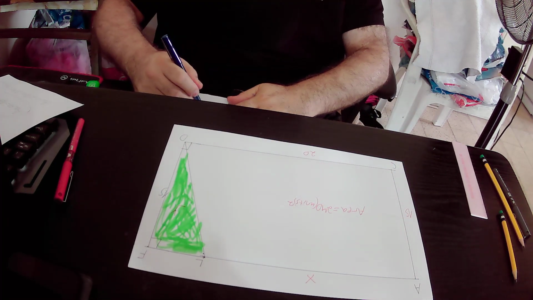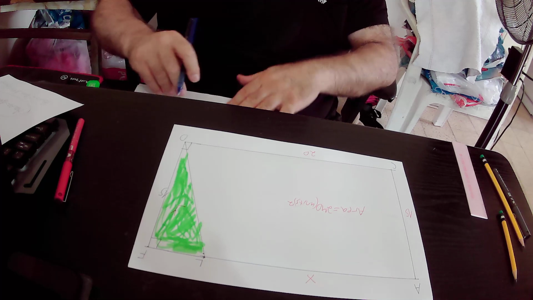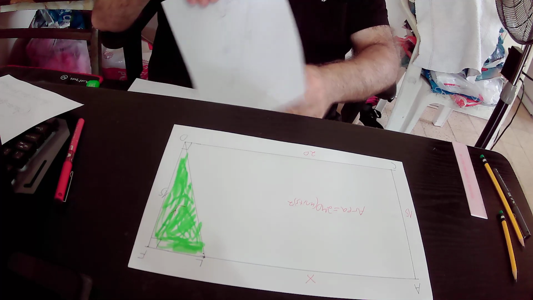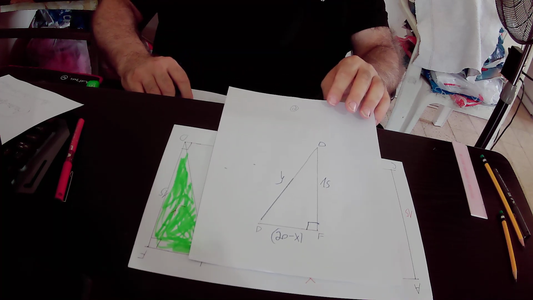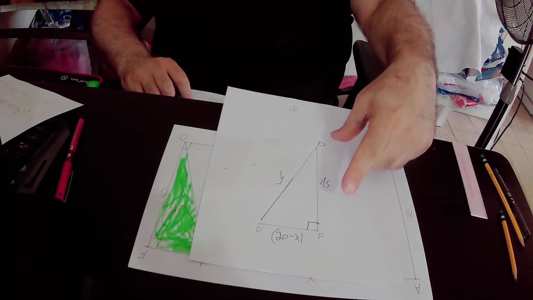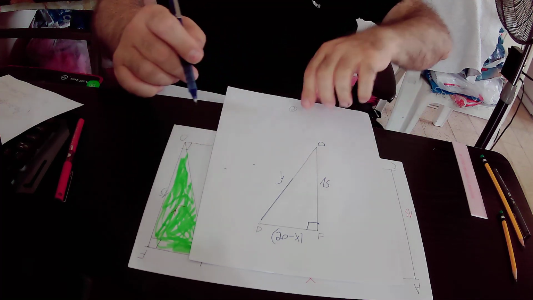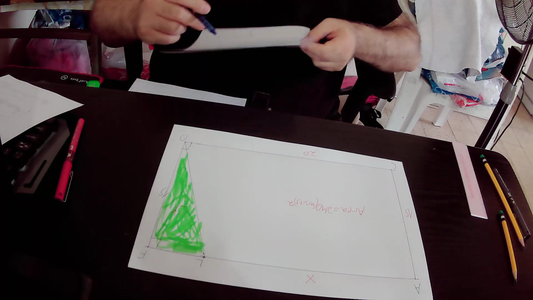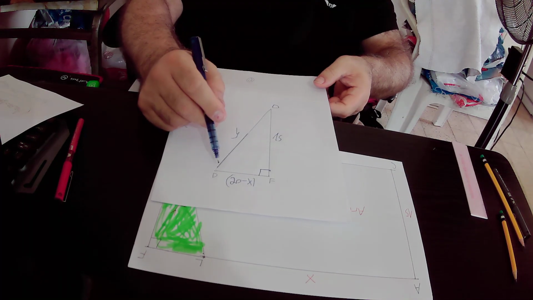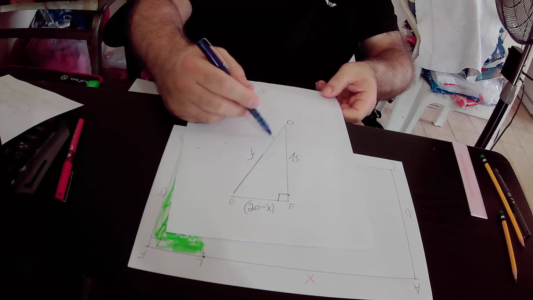So this is the right triangle LFD. The size of FD is 15 units, the other leg is 20 units minus x, and the size of the hypotenuse is y.